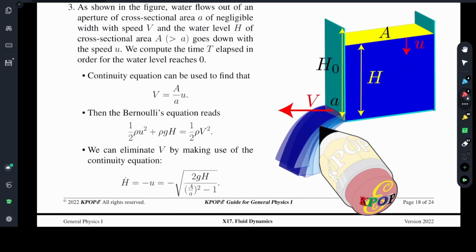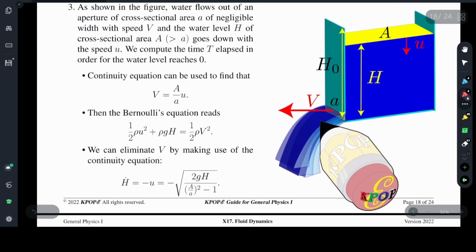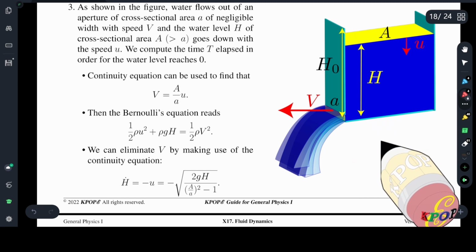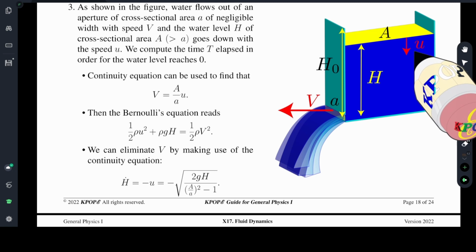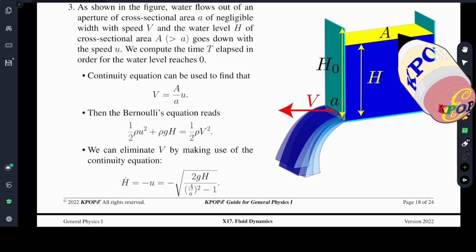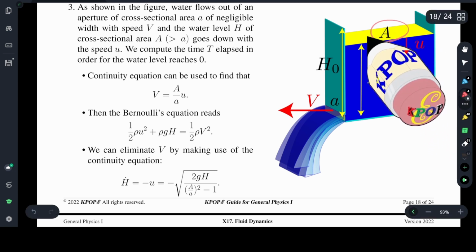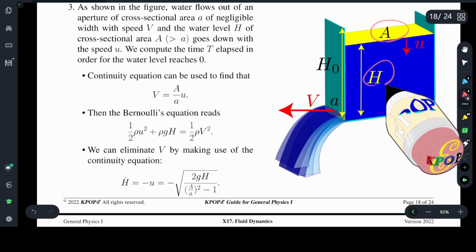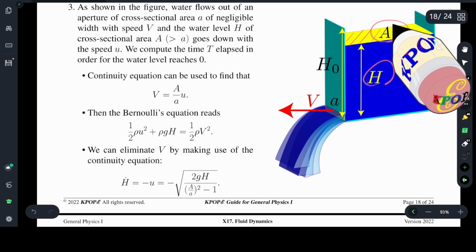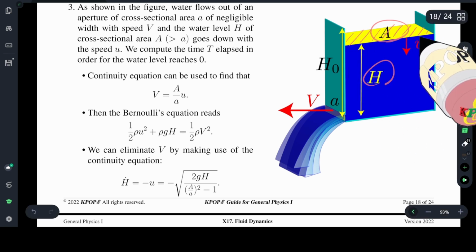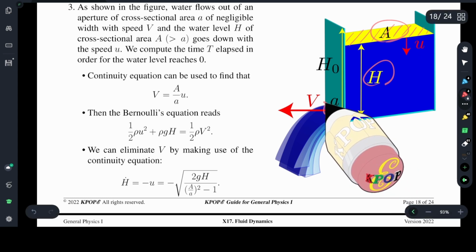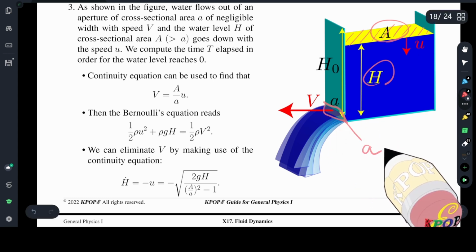So Bernoulli's equation can be applied to find the time to evacuate all of the water in a container. On top side, we have a water level of H. We have a wider opening. However, we have a very small opening with the cross-sectional area small a.